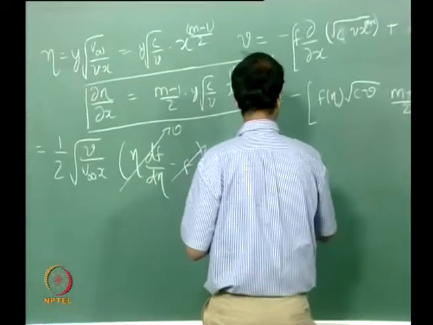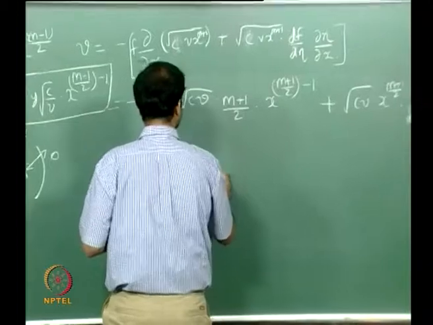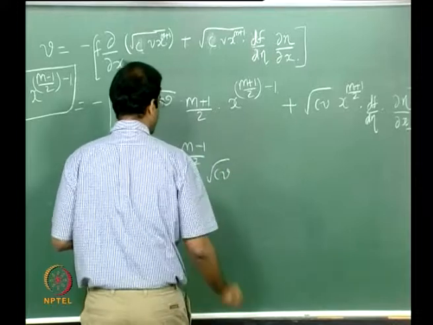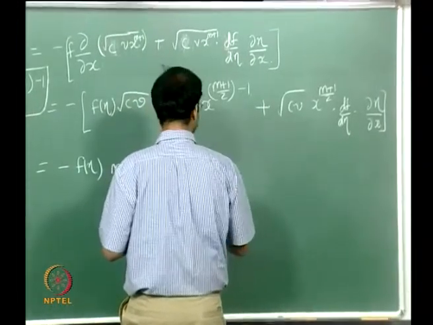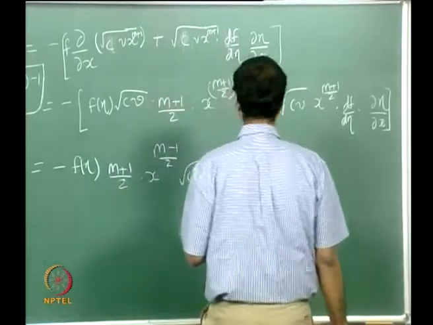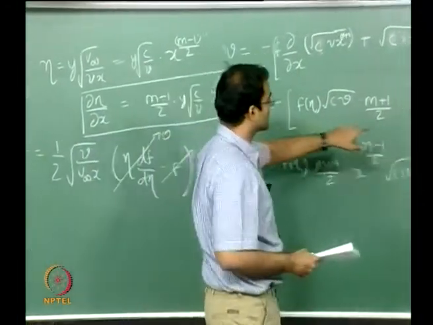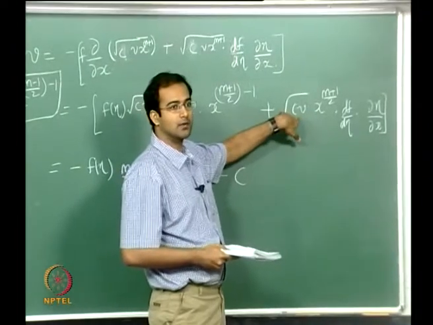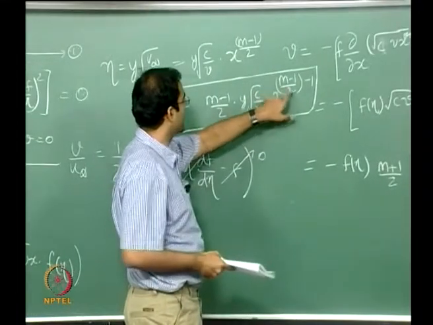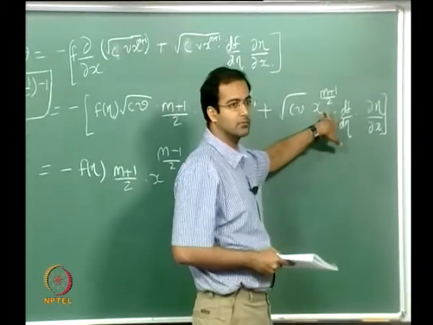So this will be minus f of eta m plus 1 by 2 into x power m minus 1 by 2 into square root of c nu, plus c into, so what I am going to do is, now my d eta by dx has square root of c by nu, square root of nu and nu cancels, square root of c into square root of c is c, therefore I get a c, and x power m minus 1 by 2 minus 1 into x power m plus 1 by 2, okay.